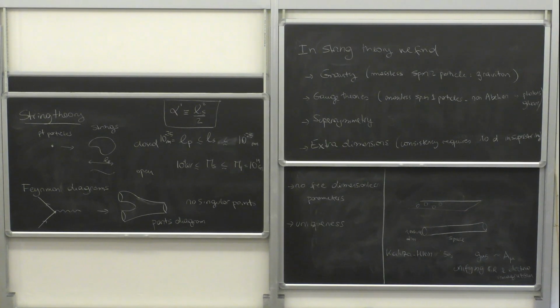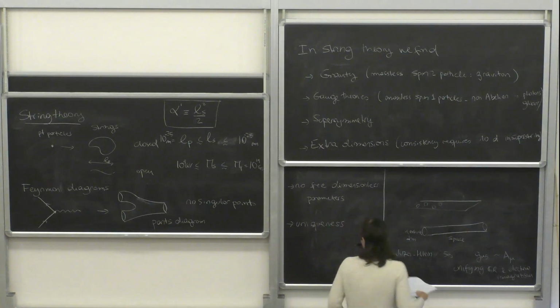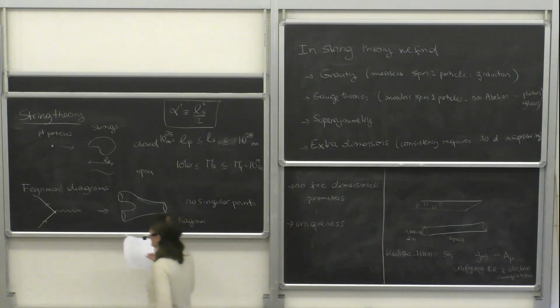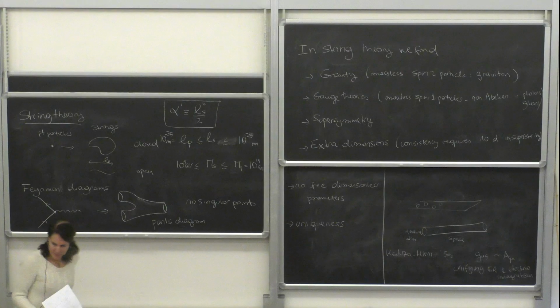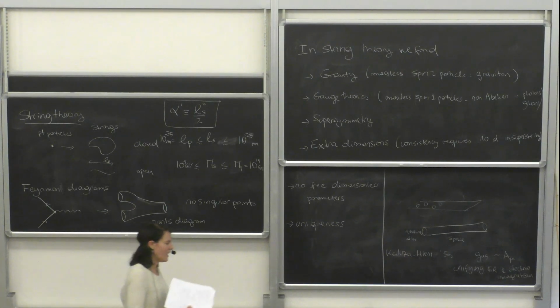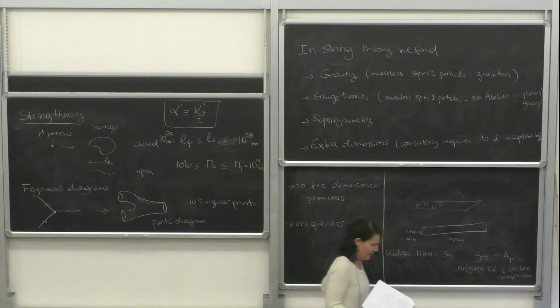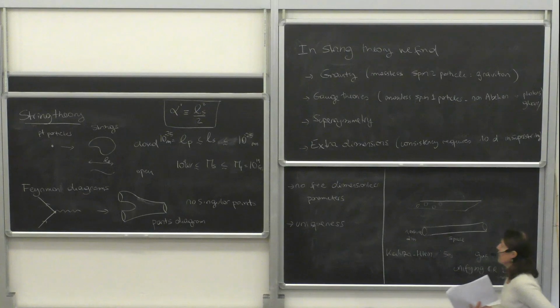What's the relation? I can't quite see the relation between gravity and massless spin-two particles. Yeah, so if we want to see gravity as an interaction of gravitons, these are the carriers of the gravitational force.